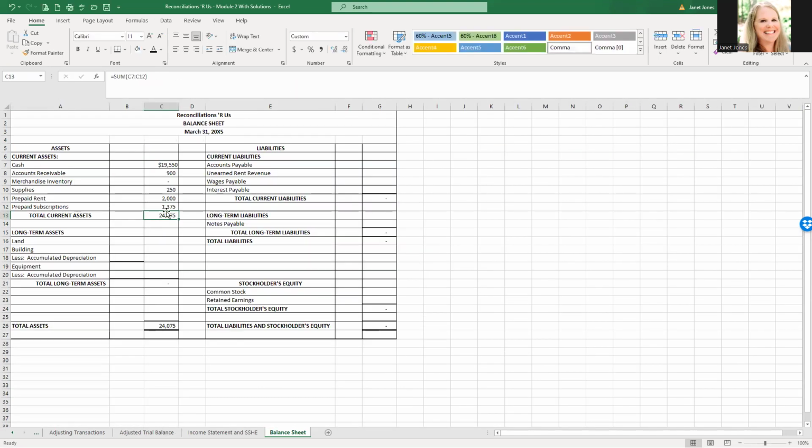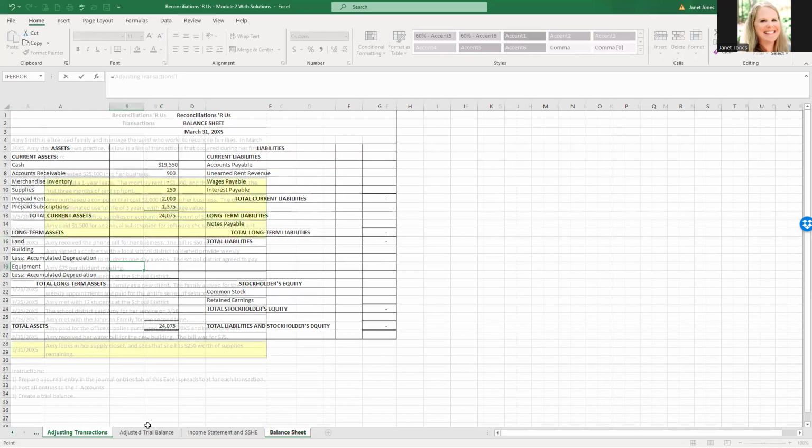The last thing, so our current assets, we're going to divide our balance sheet into current and non-current. Our non-current assets, we have land, which is never going to be depreciated. And then if we had other categories, they would be shown here as well. We really only have office equipment, so these accounts are not really necessary. So our equipment was that $2,000.